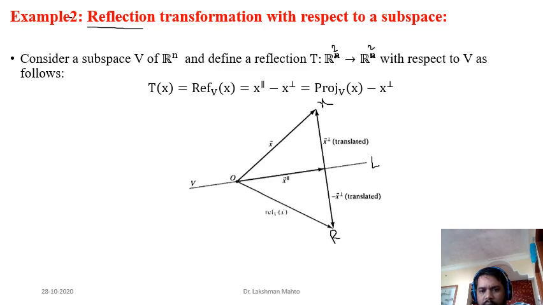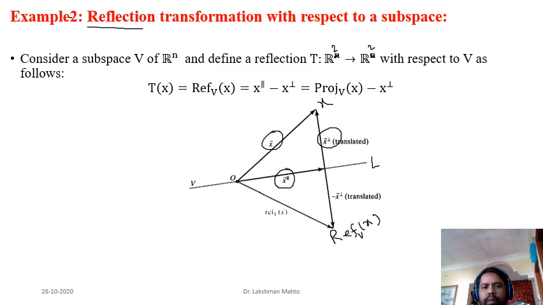So if this one is x, the reflection of x with respect to this line, the given subspace V, call it ref. This V is a line. So this one is the reflection point. x is given.